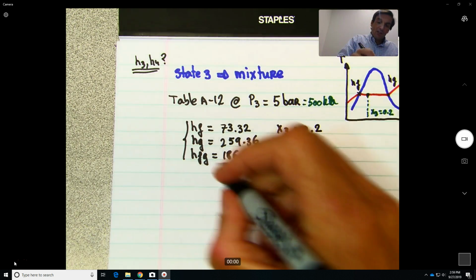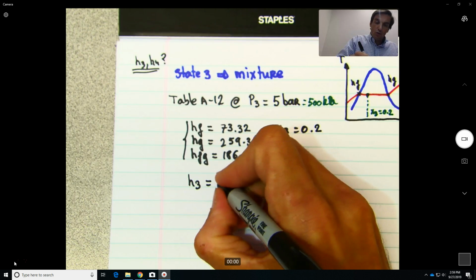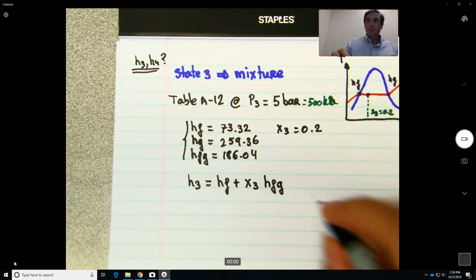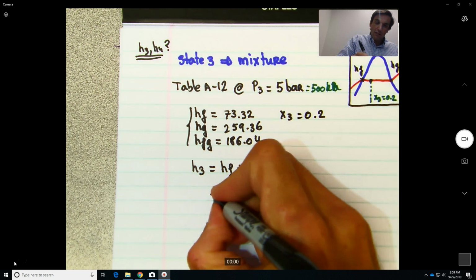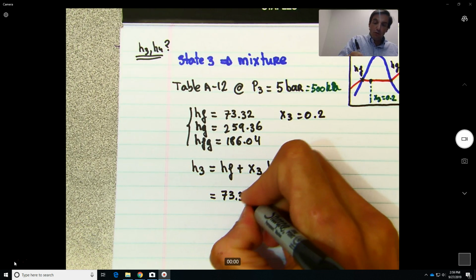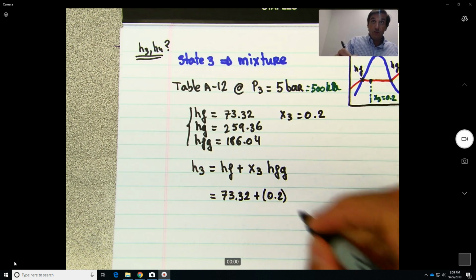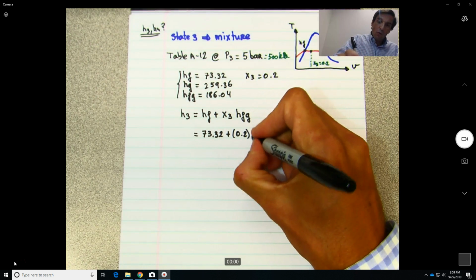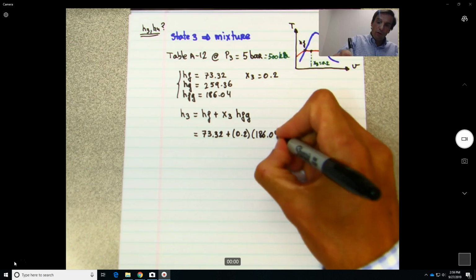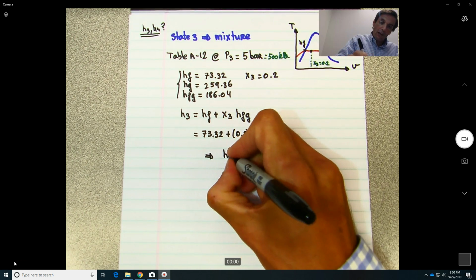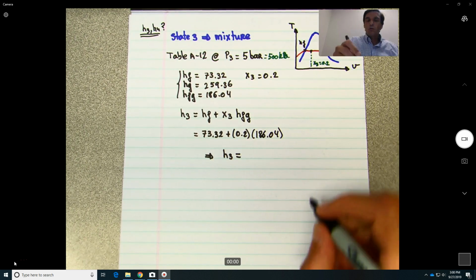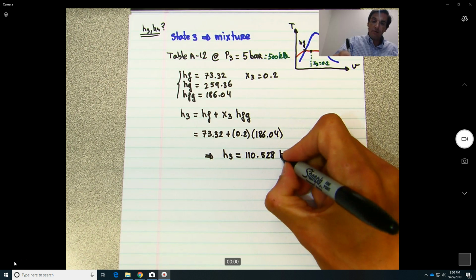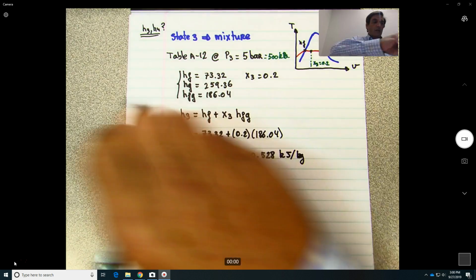So we can write down that H3 will be equal to H fluid plus X3 H FG, which is equal to what? 73.32 plus 0.2 times 186.04, which gives you H3 equal to 110.528 kilojoules per kilogram.